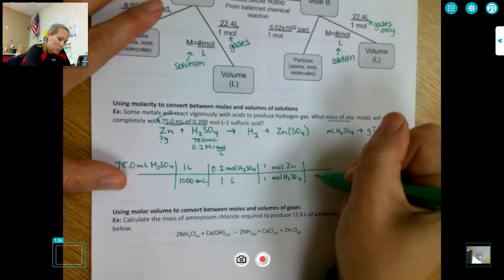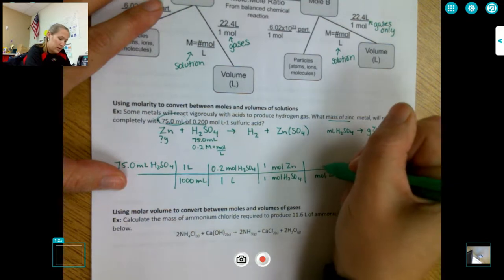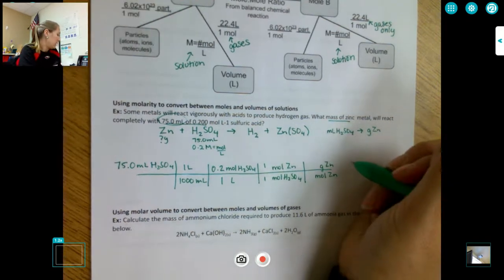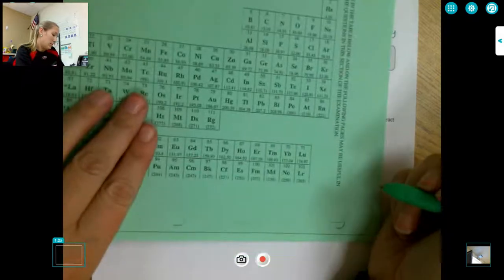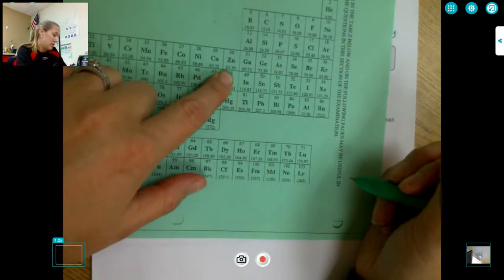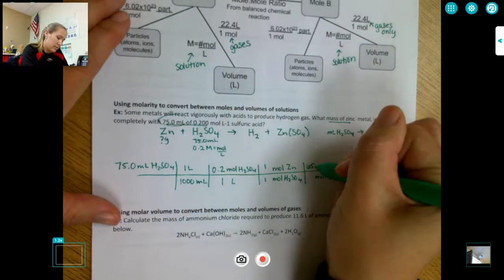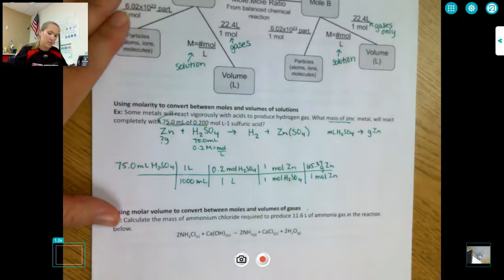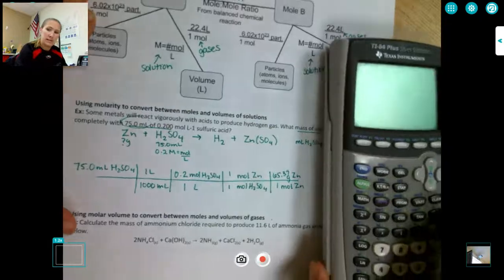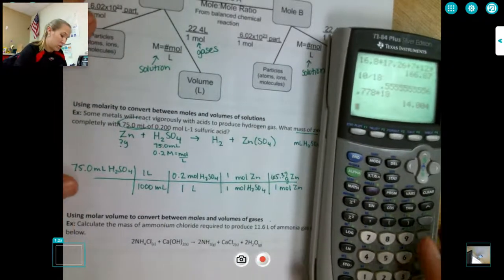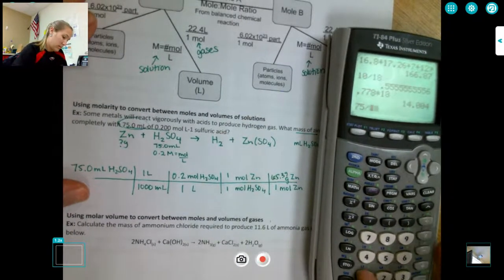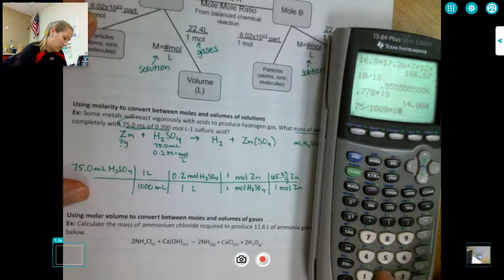And now moles drops down, grams on top, and according to the periodic table, 65.39 grams per 1 mole. I've not done these calculations ahead of time, so I don't have my cheat sheet with my answers.